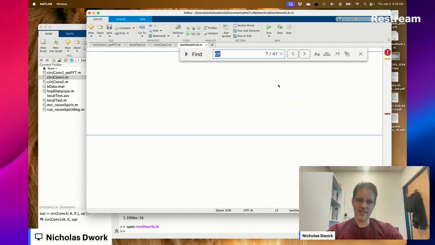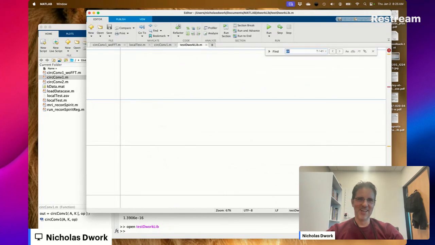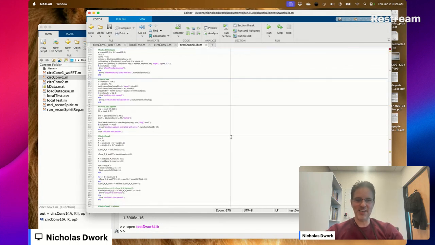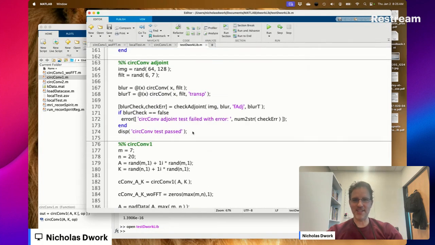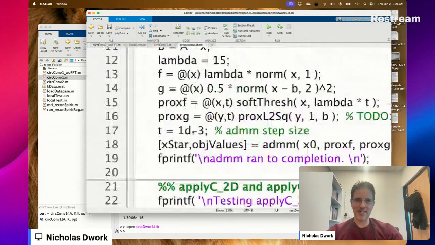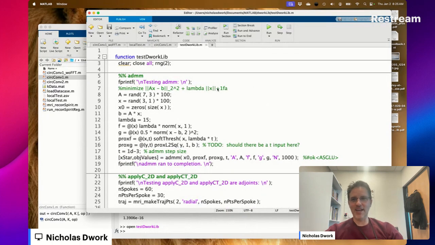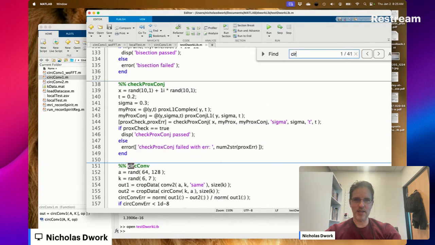If I search, it goes way to the end. I have to make it very small so that if I hit Control F or Command F, I can see what's in the find. Otherwise, if I hit Command, okay, that changed the font again. If I hit Command F, oh, now it works. Ay, MATLAB.